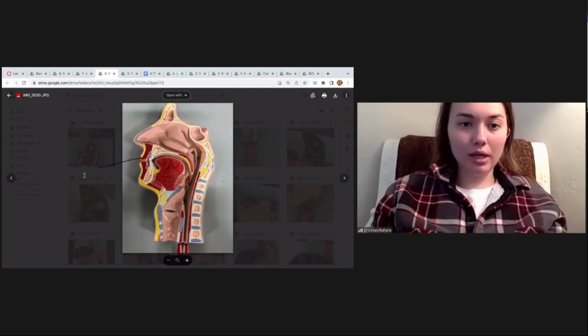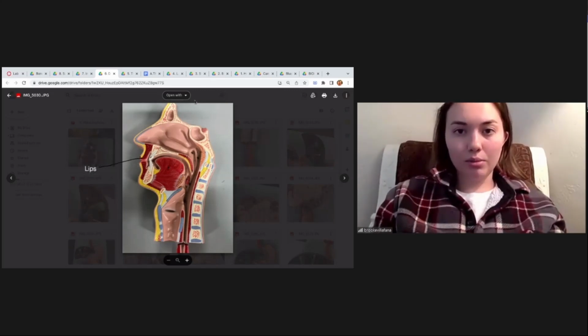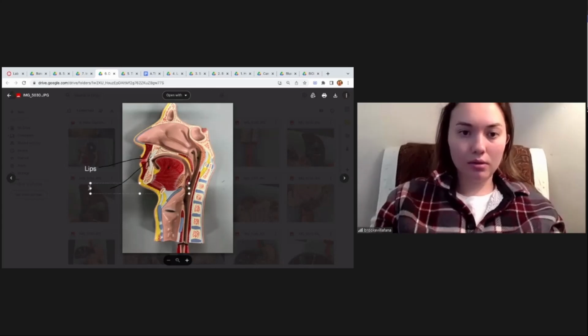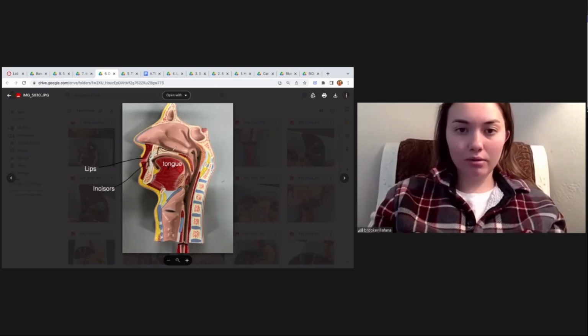So these are your lips here. These are going to be your incisors, the teeth, incisors, tongue. This is your hard palate. So you have a hard palate at the front here, and then your soft palate here.